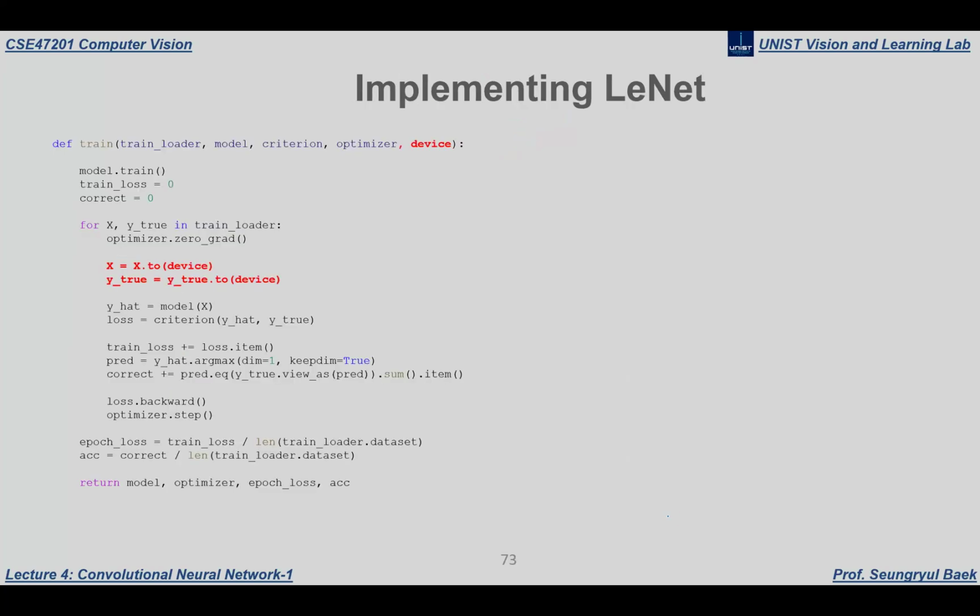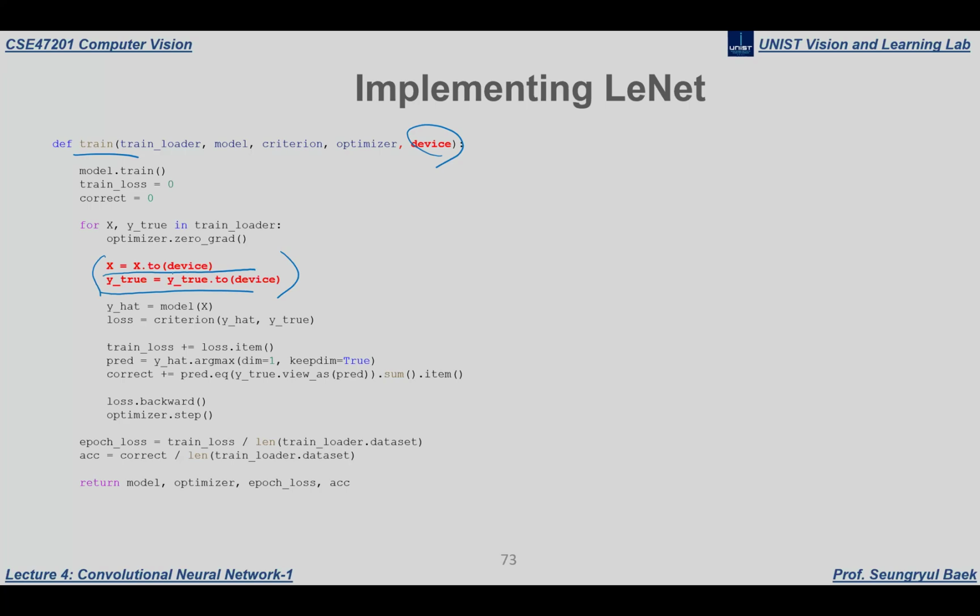And then in your code, you have to fix your code to use the GPUs. Basically, what you have to do is copy your data into the GPU, and also copy your model into the GPUs. For that purpose, you have to extend the argument for this train method, and copy these x and y variables.